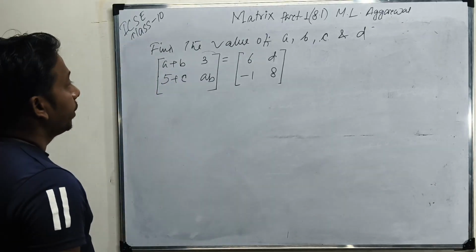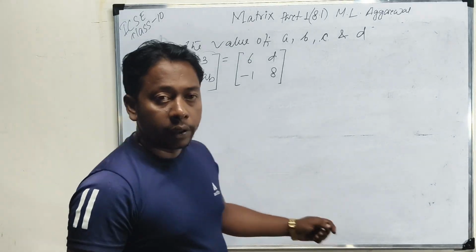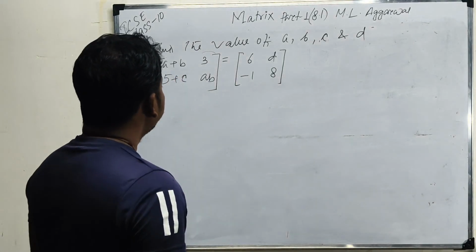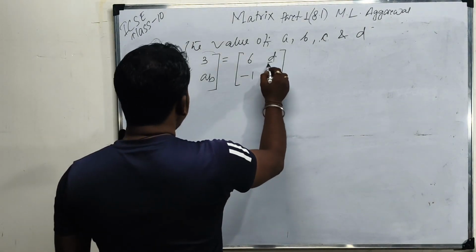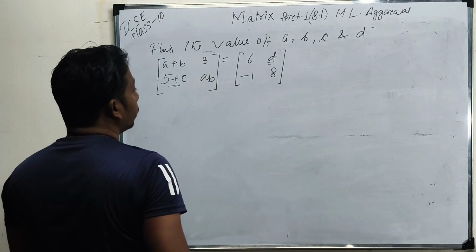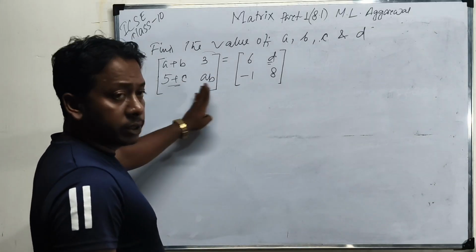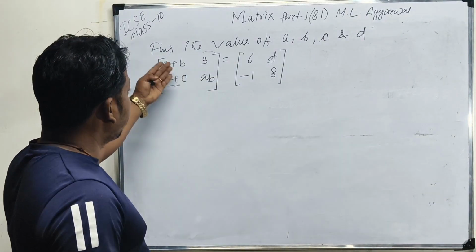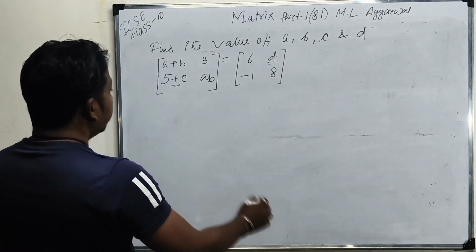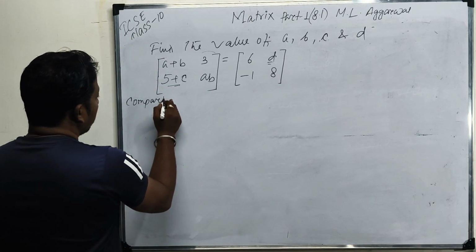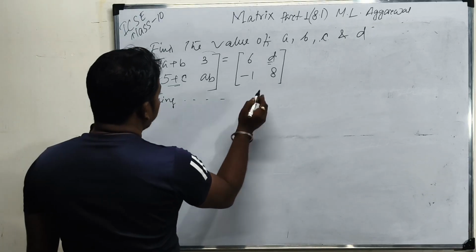Okay, so here we have to find out the value of a, b, c, d. Here the alone values are d and c. So first simply compare and find out the value of c and d, then we will find the value of a and b. Compare the corresponding elements.